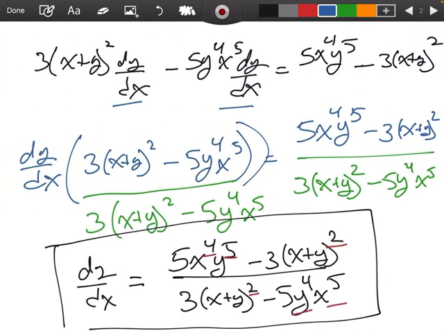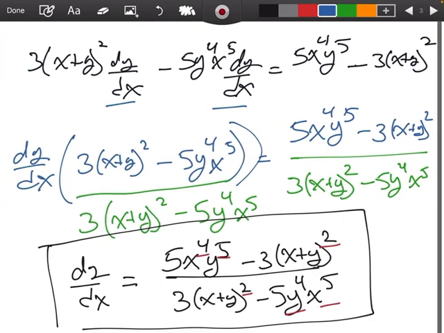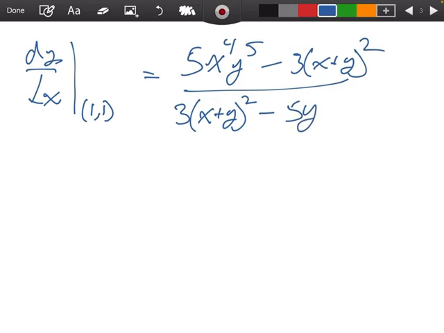And it wasn't (1, 1). Now that I think about it, it wasn't the point (1, 1).